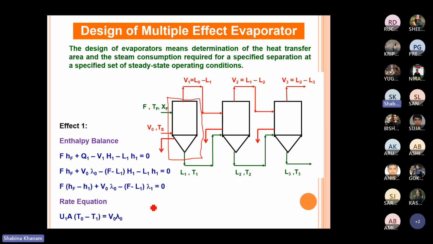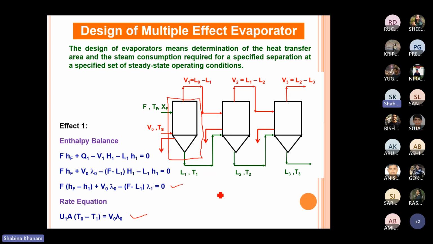U1 A, where A is the area of the heat exchanger of that effect, and T naught minus T1, as I have already told you, is equal to how much heat transfer is occurring, so that is V naught lambda naught. These two equations belong to the first effect.